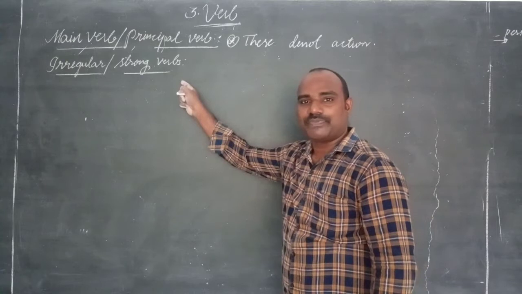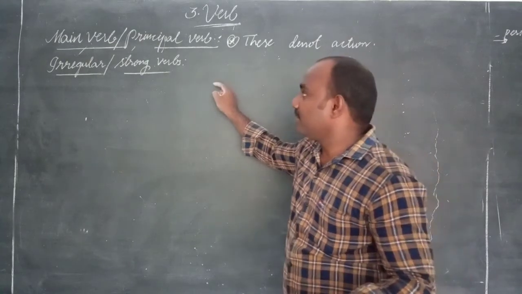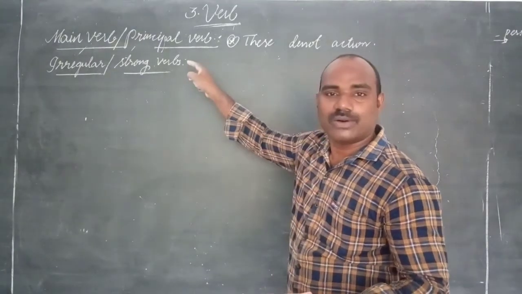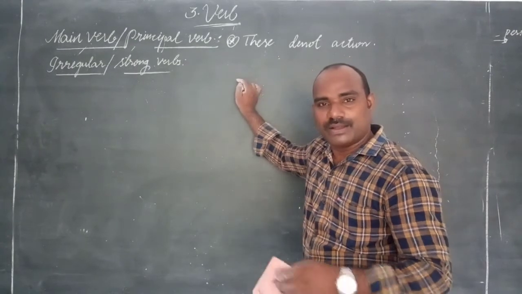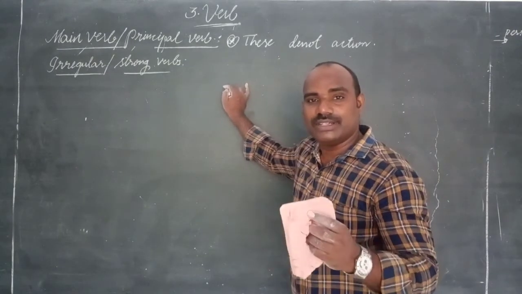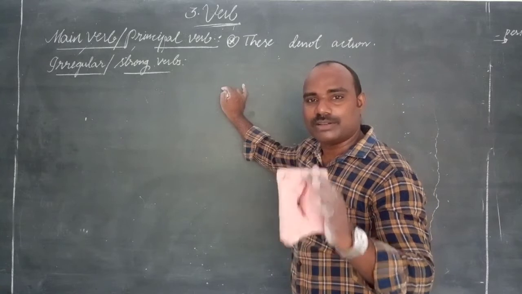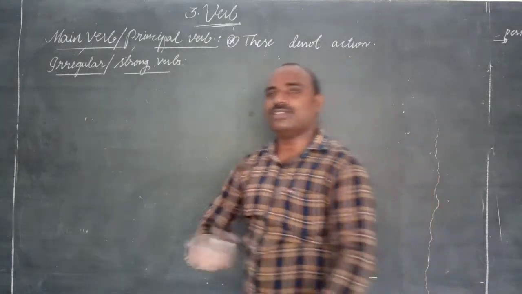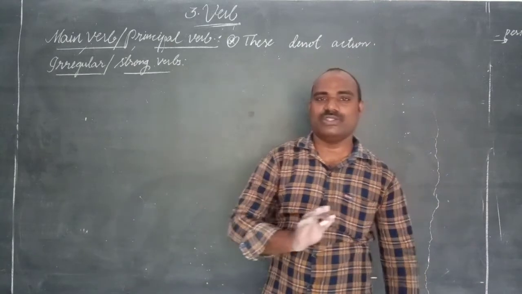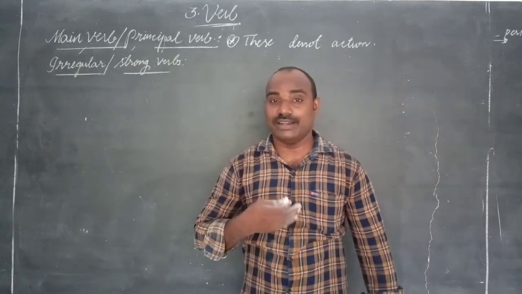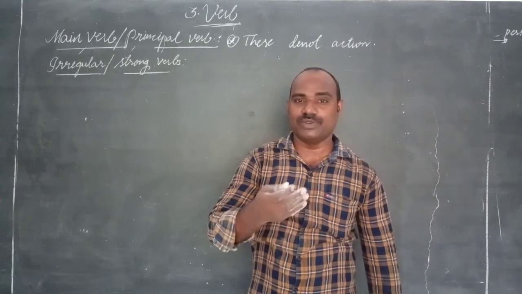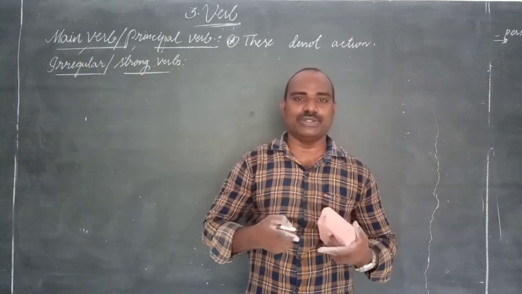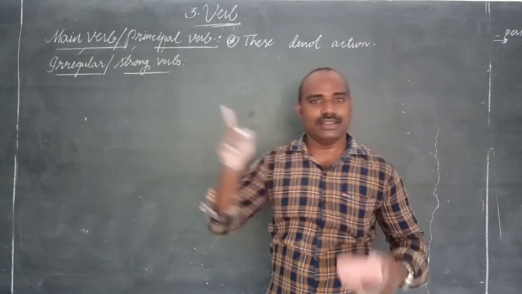But here we get irregular verbs or strong verbs not by adding d or ed or t to the main verb. We do not add d, ed or t, but we get the past tense form of the verb by the interchange of vowels.